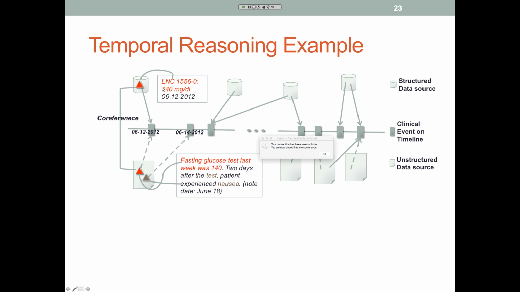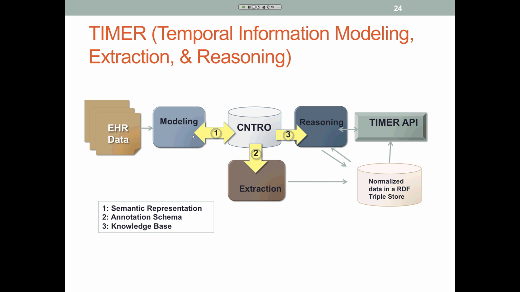So our goal is to automatically answer all these kinds of temporal-related questions, and this is the system architecture. Basically, you can see the center component is called Timer, which is a time ontology we are developing.